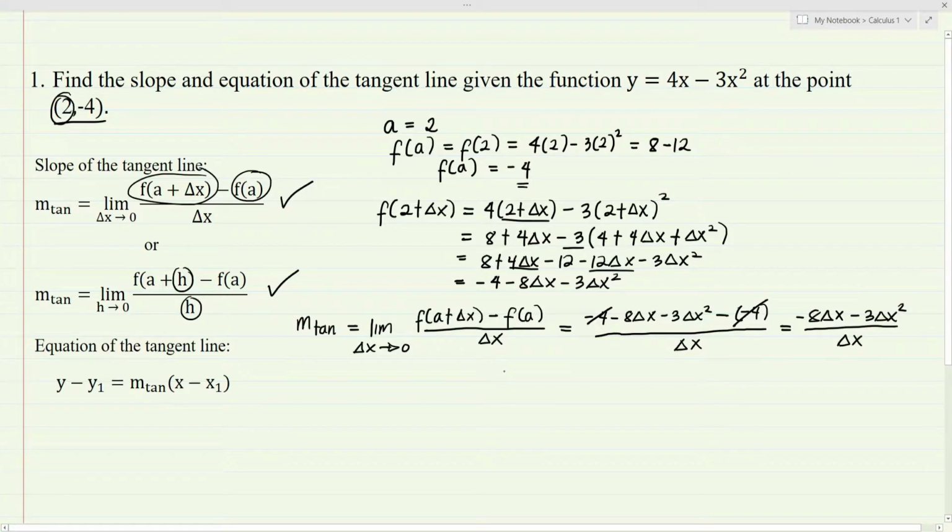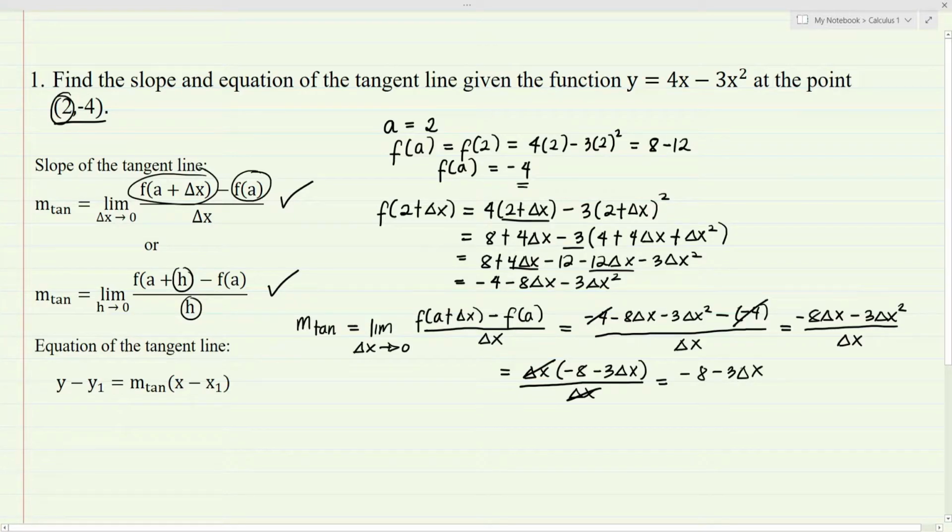Next step, to further simplify this one, I can factor out a delta x in the numerator. So I'll be left with negative 8 minus 3 delta x all over delta x. I can cancel this delta x here in the numerator and denominator. So I'll be left with negative 8 minus 3 delta x.